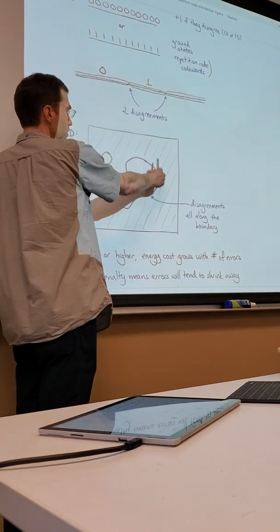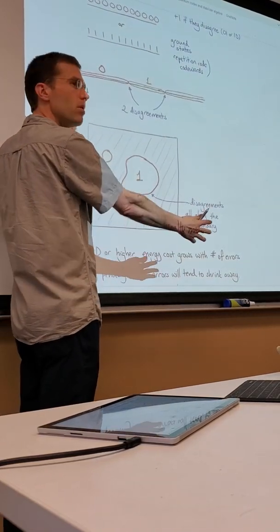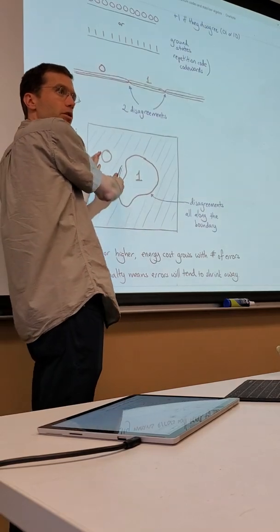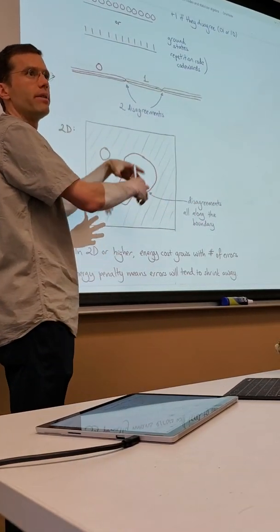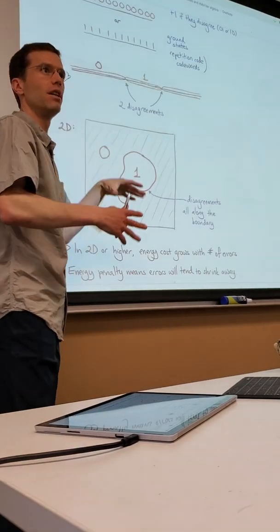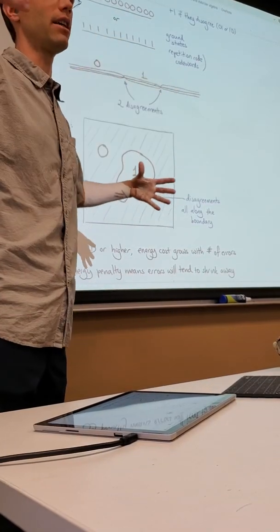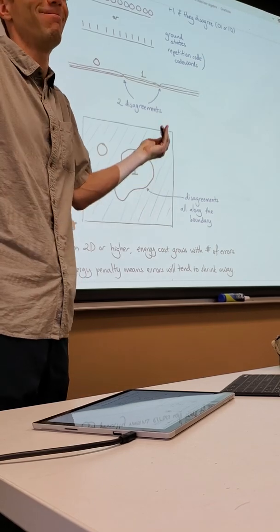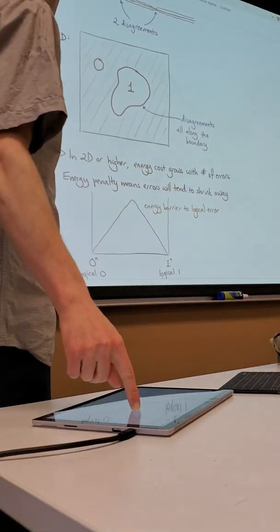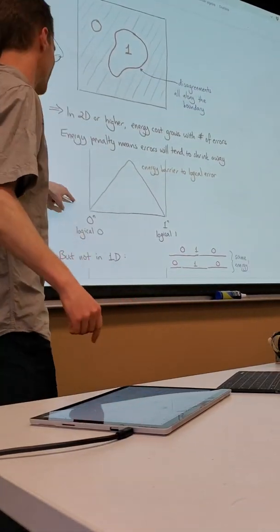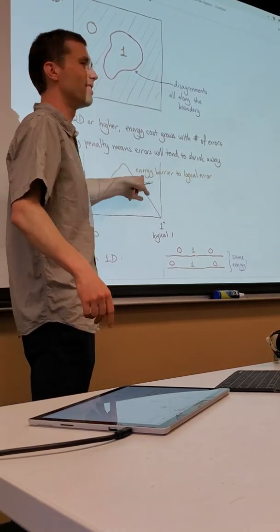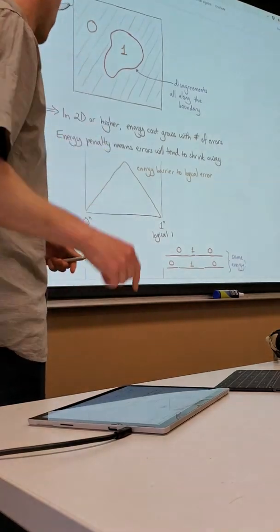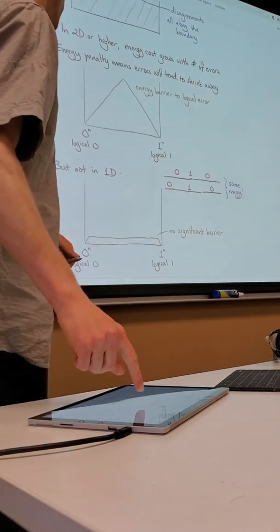For this island to grow, to take over everything and flip logical 0 to logical 1, the boundary would have to grow, which means the energy penalty would have to grow. That's not very physical. It's hard to get higher energy into your system. To go from logical 0 to logical 1, you need to cross over this high energy barrier. But not in 1 dimension.